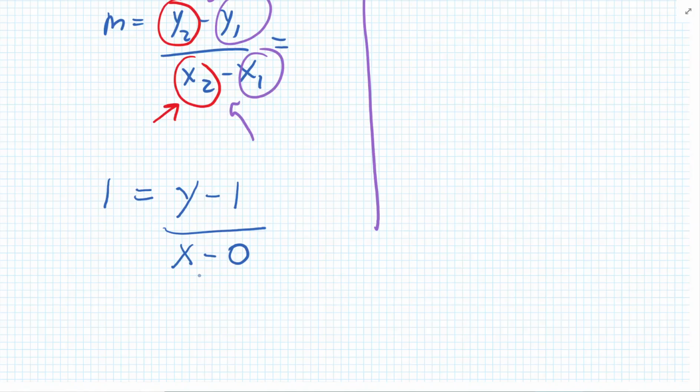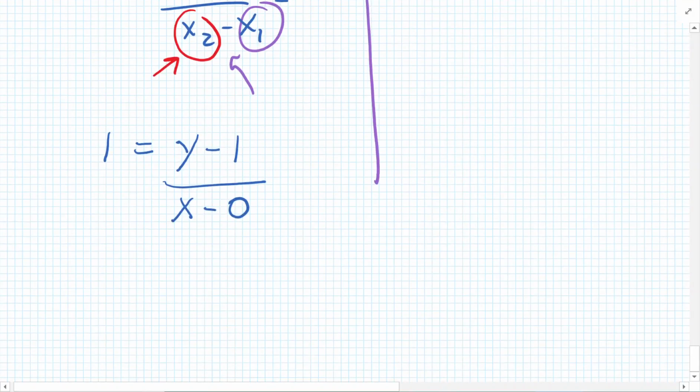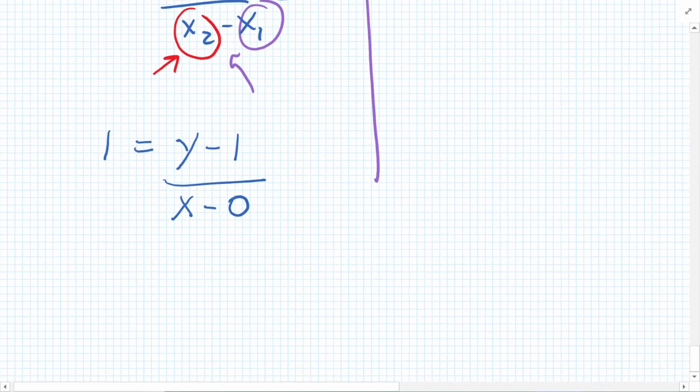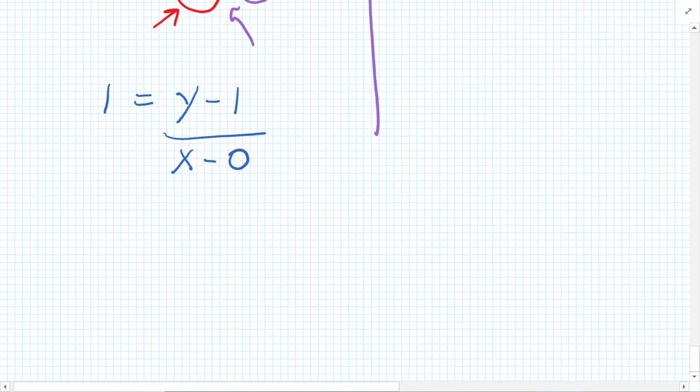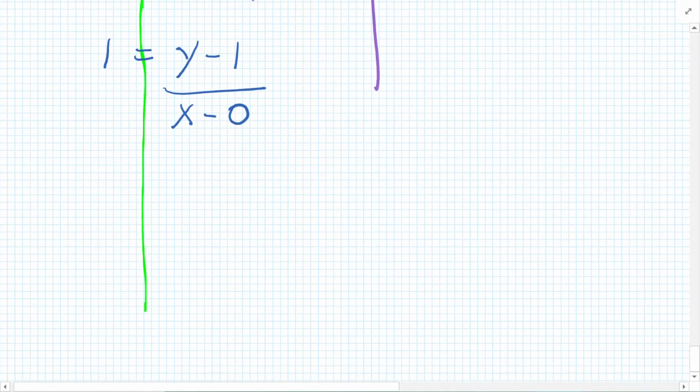I'm curious about that. We'll check into that later. But here we have a y and an x by itself, so that we can have a y and an x in our equation. We put in one point that we know of, which is 0, 1. So we put 1 up here in the numerator where the y value is, and we put 0 in the denominator where the x value is. Now we have this equal sign. We need to keep things equal. To remind myself, I'm going to draw a line down the middle.